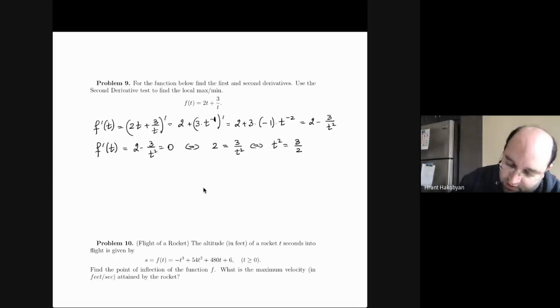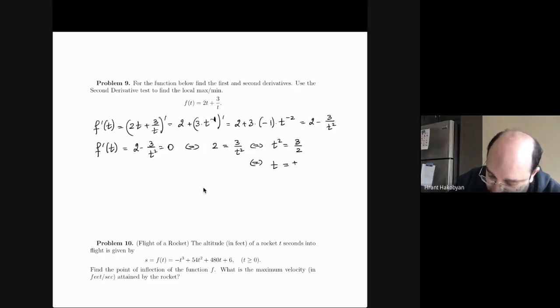If I cross multiply t squared here, and then take the 2 down, I'll have 3 over 2. So that's equivalent to saying that t is equal to plus or minus root 3 over 2. Okay, so we got that.